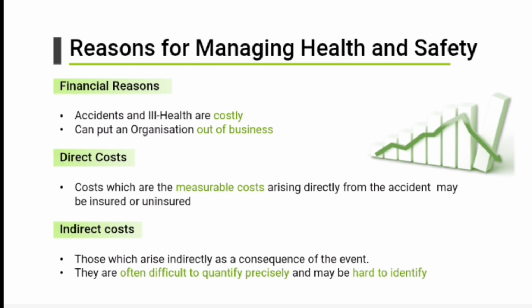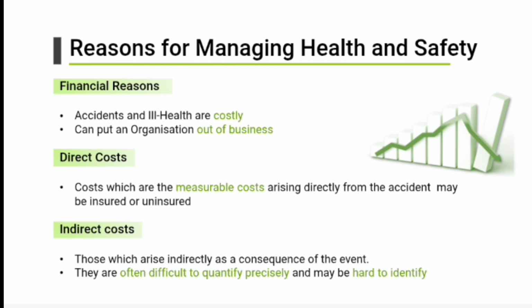For instance, if an organization develops a reputation for having unsafe working conditions, it may face difficulties attracting and retaining skilled workers, leading to increased recruitment and training costs. Moreover, the organization may experience higher insurance premiums and increased scrutiny from regulatory authorities, resulting in additional financial burdens.